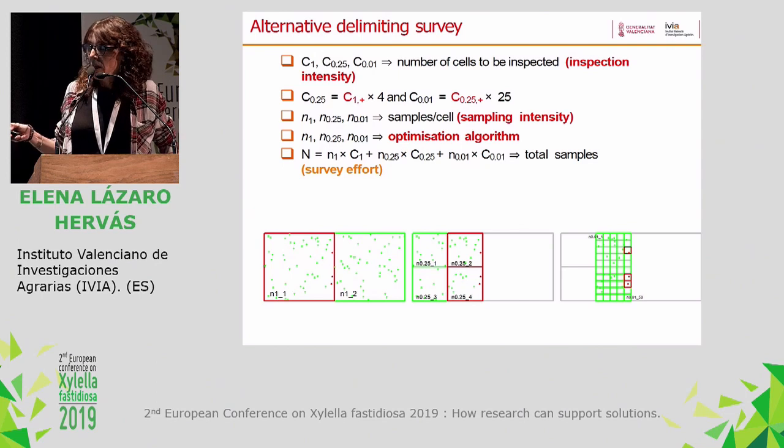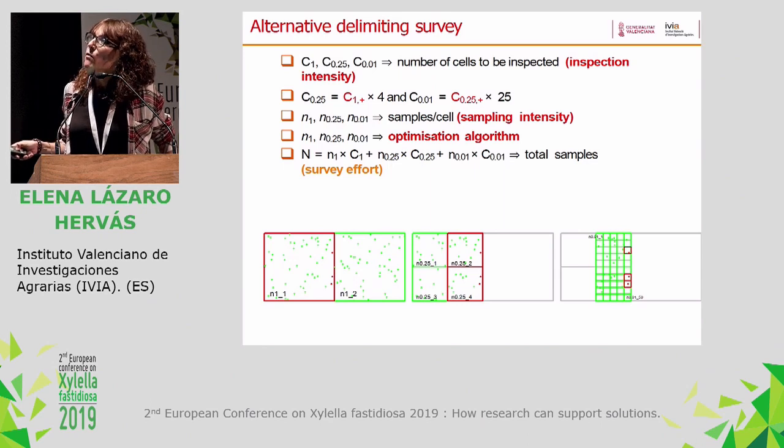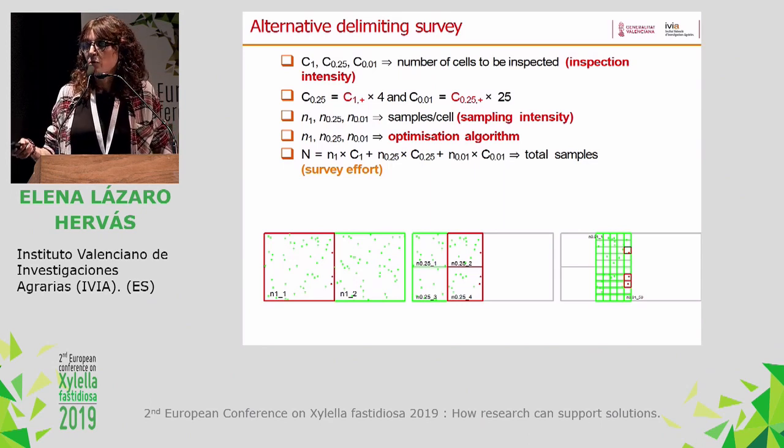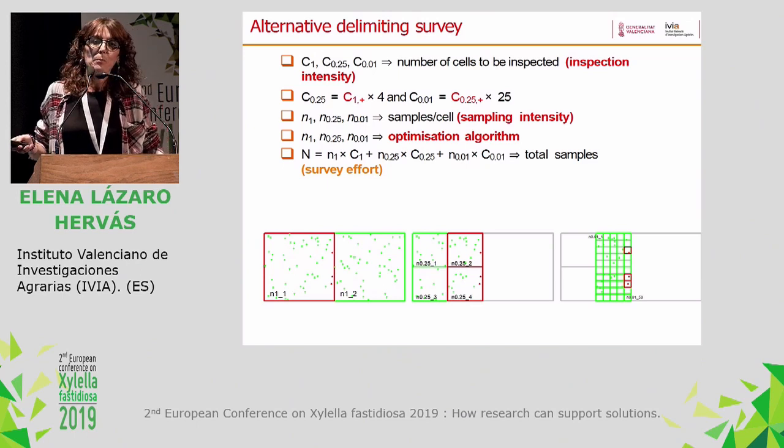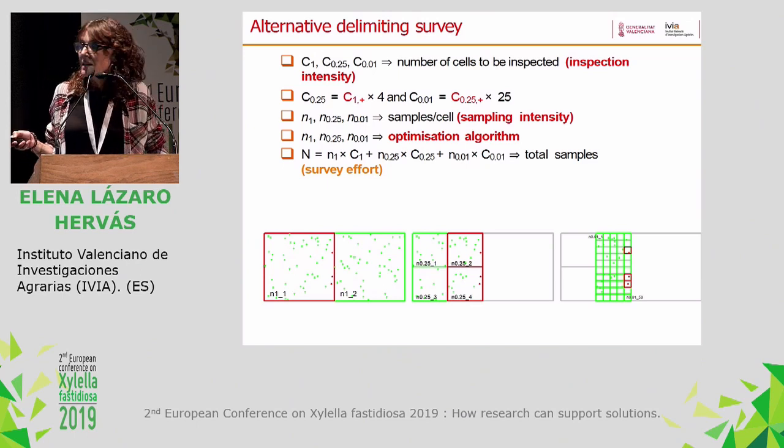We are also interested in estimating an optimum value of the sampling intensity for the different resolutions that we take into consideration to define epidemiological unit size. So we are going to propose an optimization algorithm to estimate these sampling intensity values.